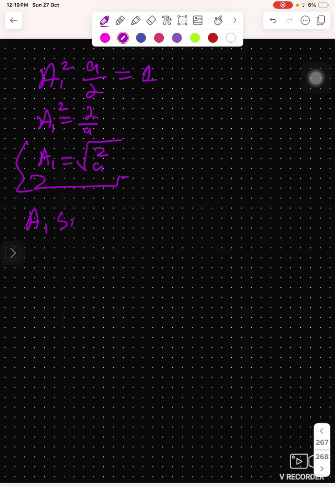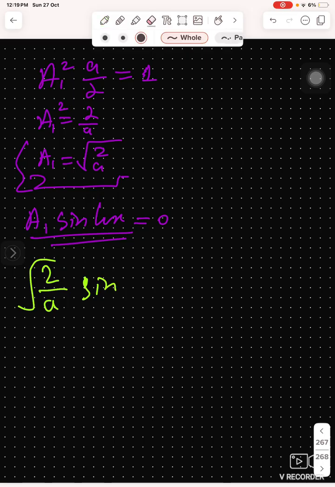So a1 sine, this equal 1 equal 0, could be written as a1 is 2 over a, sqrt, of sine k, where k was nπx over a.